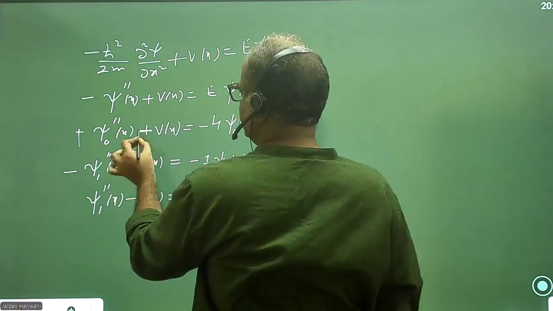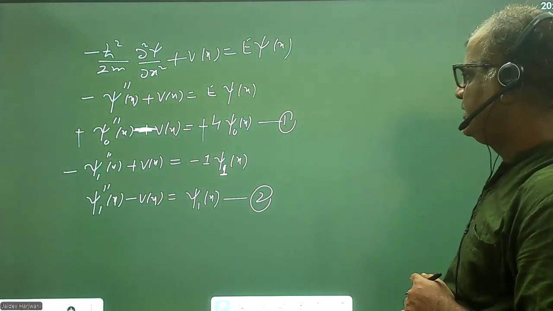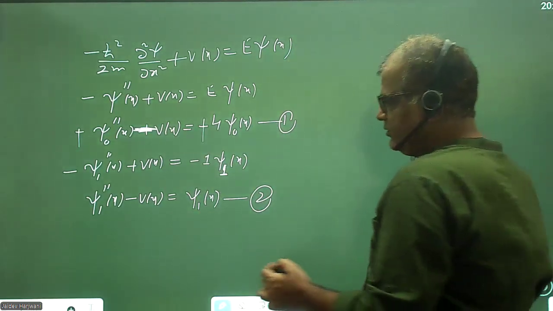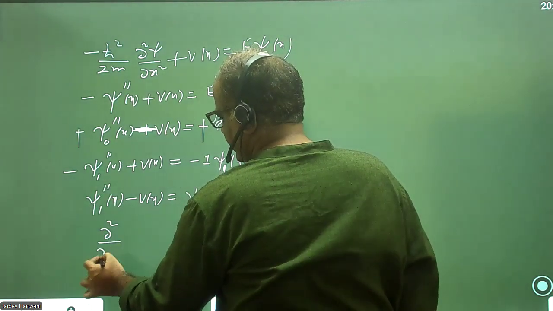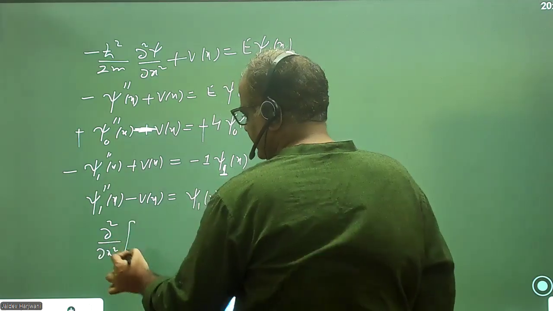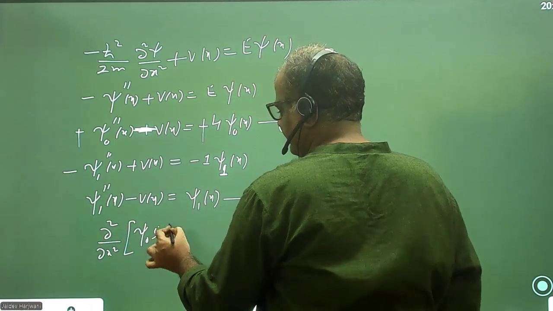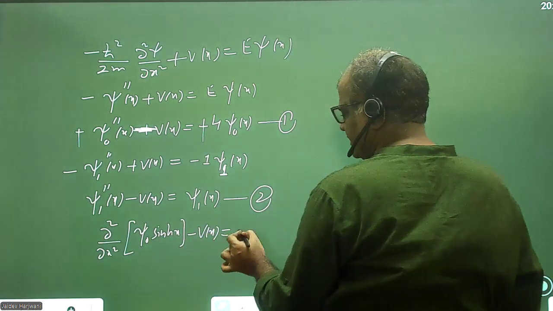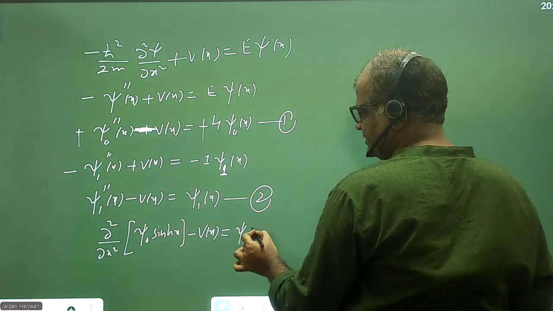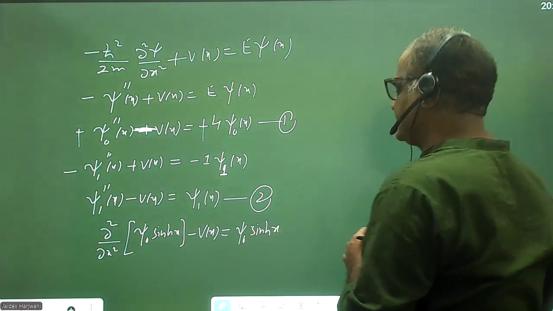So this is my equation 1 and 2, and now this is del 2 upon del x square of psi 1, which is psi naught sine hyperbolic x, minus Vx psi naught sine hyperbolic x.